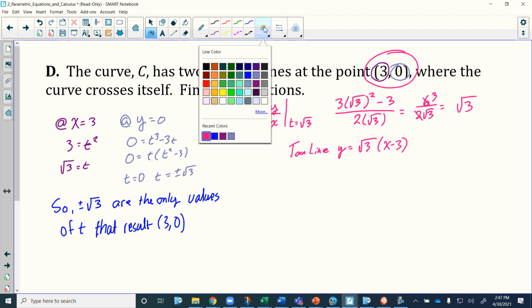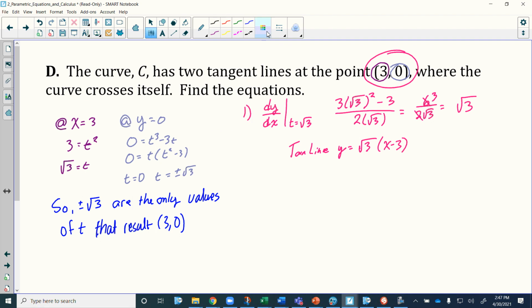And now we're going to find the other equation, where we'd have a positive or negative 3, and I guess we can go back and put a positive negative 3 on there because we are using both values here. So here again, we're looking for the derivative dy dx. This should be dy dx at t is equal to negative square root of 3.